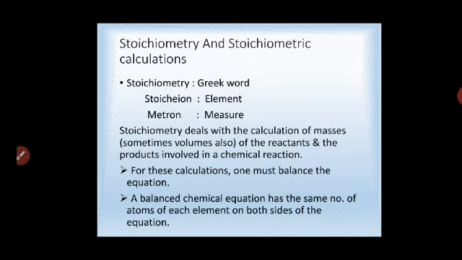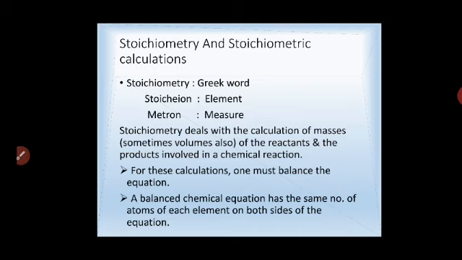Now today we are going to learn the new thing, that is stoichiometry and stoichiometric calculation. See, many of you have done the balancing of chemical equation in your school, and it is very difficult for you, I know, right? So the number when you are writing in the balancing, that is nothing but the stoichiometry. Okay, so stoichiometry is the word obtained from Greek word.